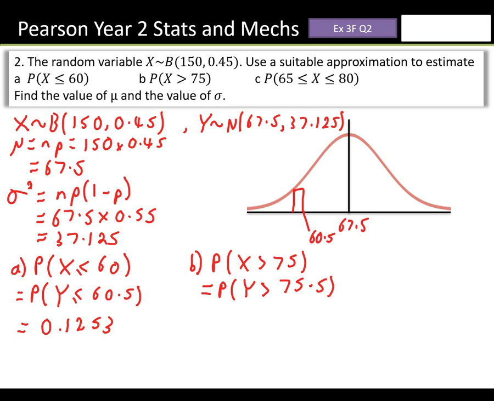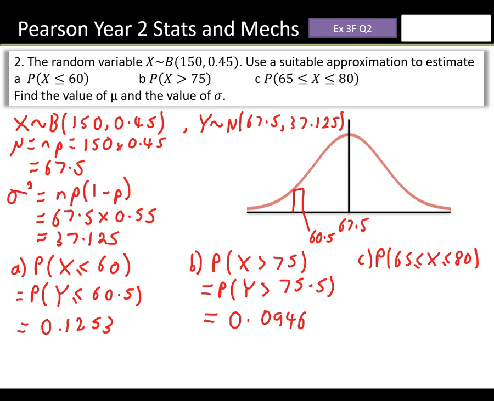So again, on our calculator, we can easily calculate that as 0.09446.